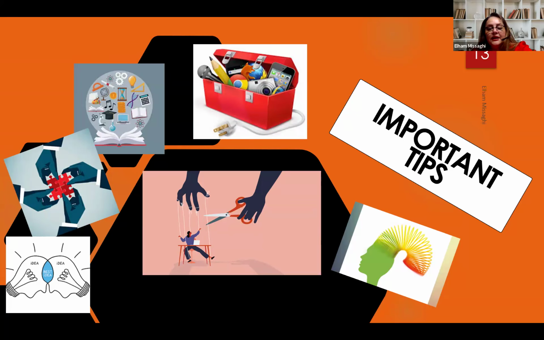So basically, the important tip is when you get to the class, don't forget to have your toolbox. What I mean by toolbox is we have different learners in the class. Some of my learners are visual, some are auditory, some like reading and writing, or some like role play, kinesthetic, games.